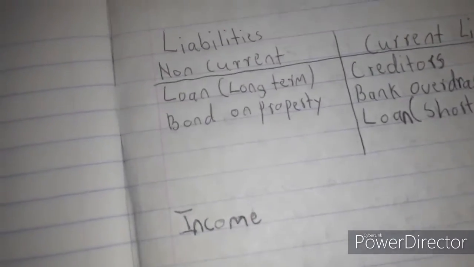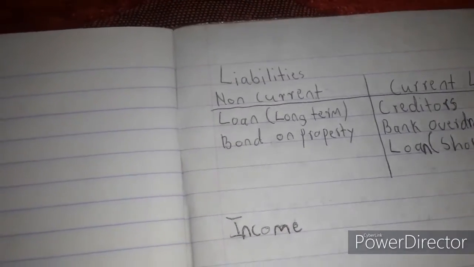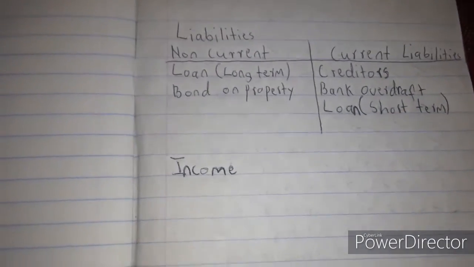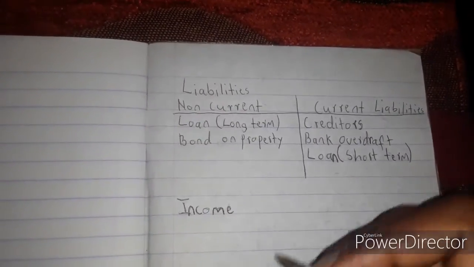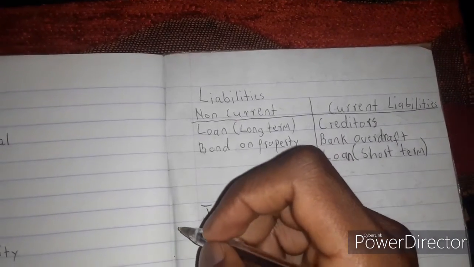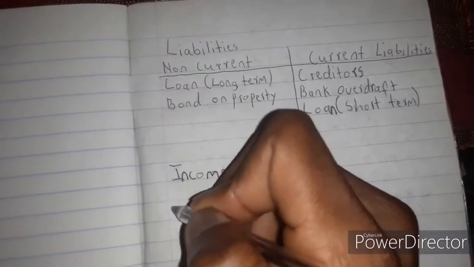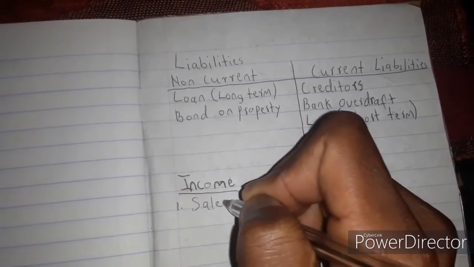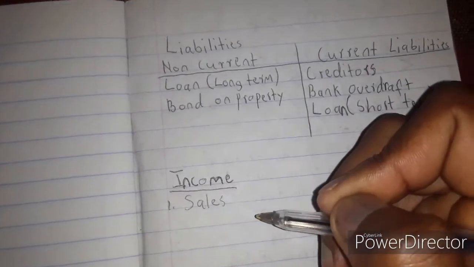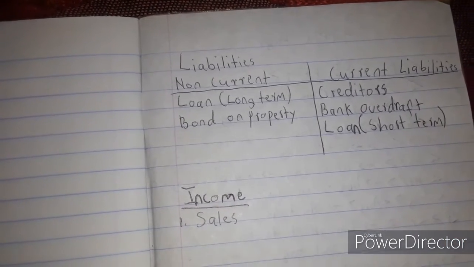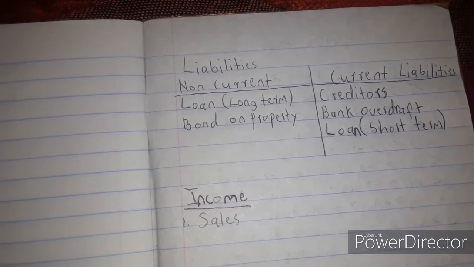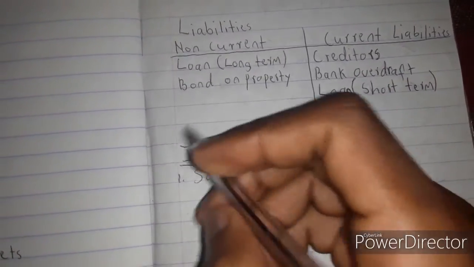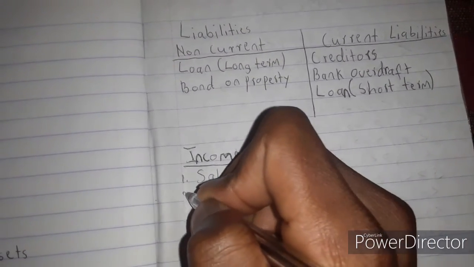So the examples of income are sales. Sales is the amount received by the business for selling goods.